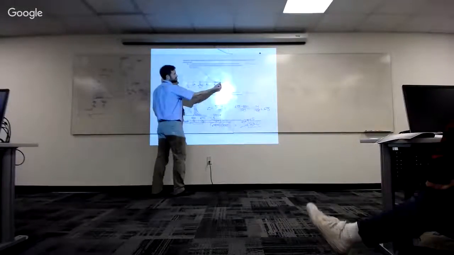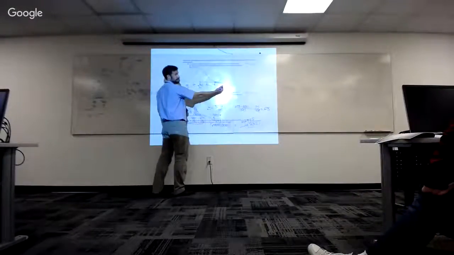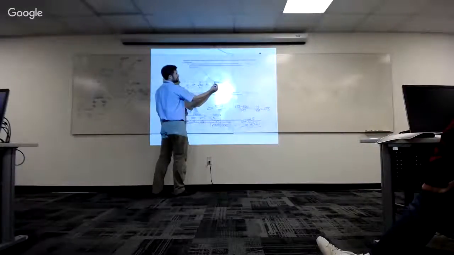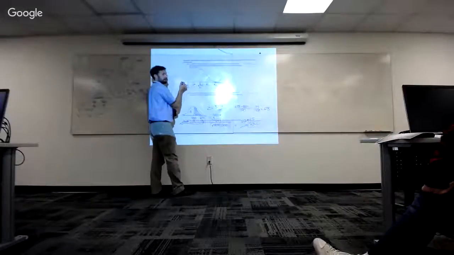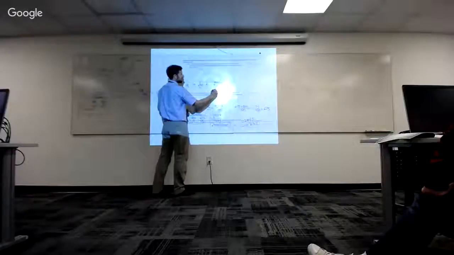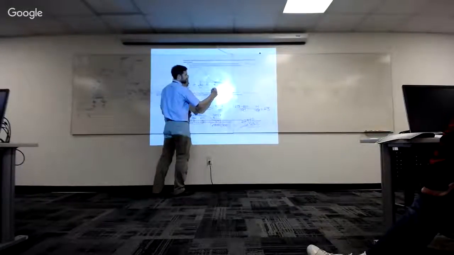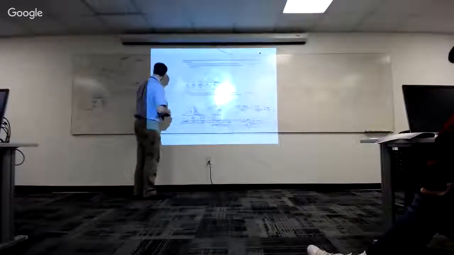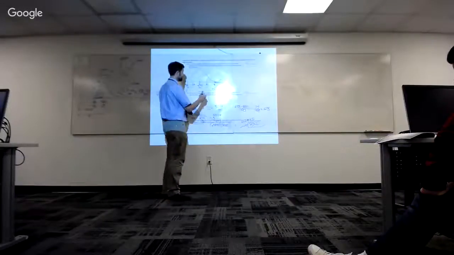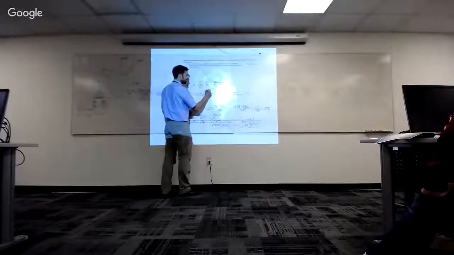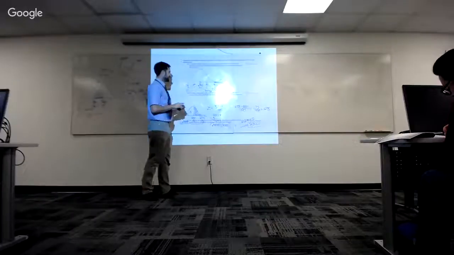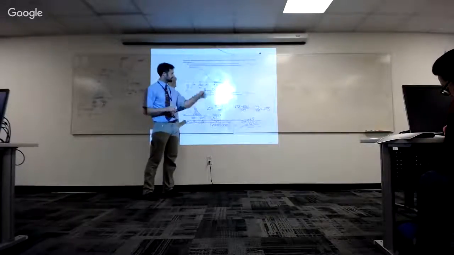So we want to find this area to the right. Our table won't tell us the area to the right, so we need to find the area to the left and then subtract. So how much area is to the left of z equals 2? 0.9772. Okay, so there's 0.9772 area to the left of z equals 2.